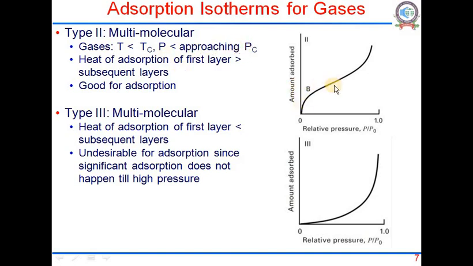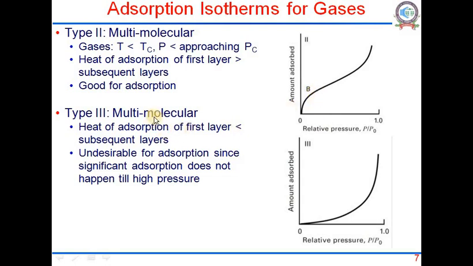This kind of behavior happens when the heat of adsorption of the first layer is more than the subsequent layers. That means, thinking in terms of thermodynamics, it is favorable for the first layer to get adsorbed, and the second layer, third layer, and so on are progressively less favored. But in general, this is good for adsorption, because again you can see that at lower pressure you can get a significant amount of adsorption.